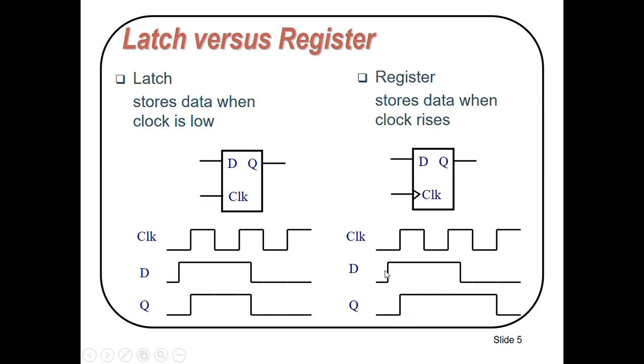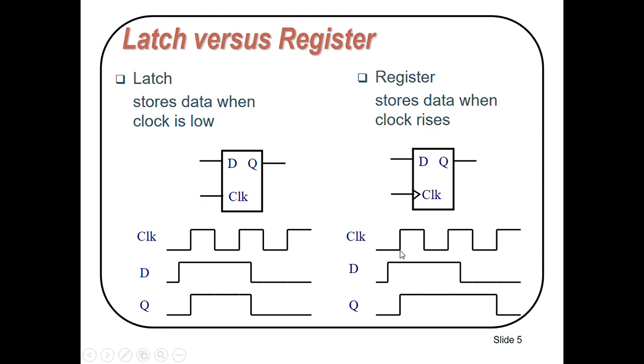Similarly, in the case of a register, you can see this is our clock, this is input and this is output. This register will store information when the clock rises. Here we have applied the clock. This is the rising edge of the clock and the input is already high.